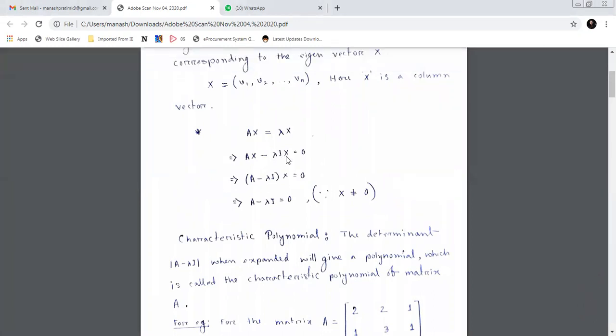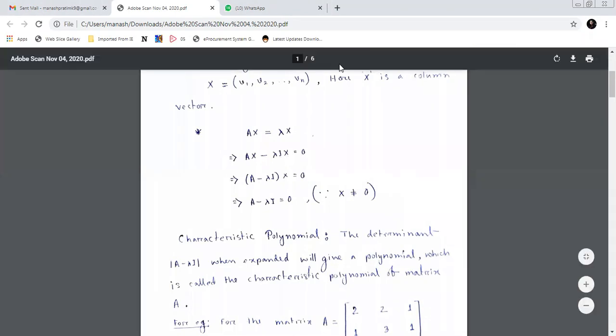A vector here means a column matrix. If you multiply any matrix with the identity matrix, the result is the same matrix, so we can multiply x with I.